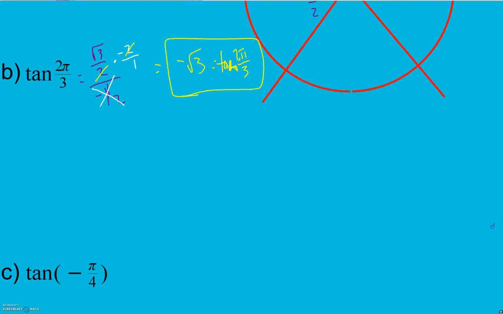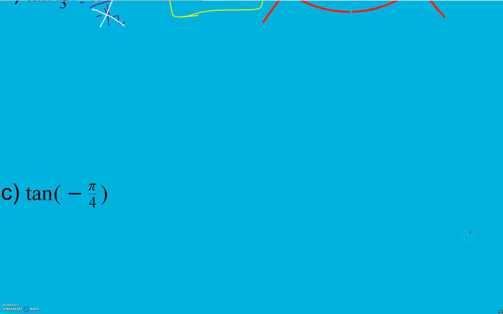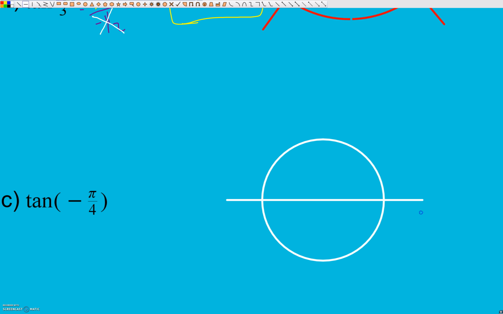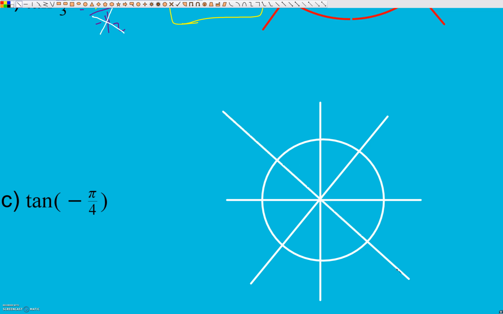Now we have negative pi over 4. I'm just going to start a new circle here. 1, 2, 3, 4.